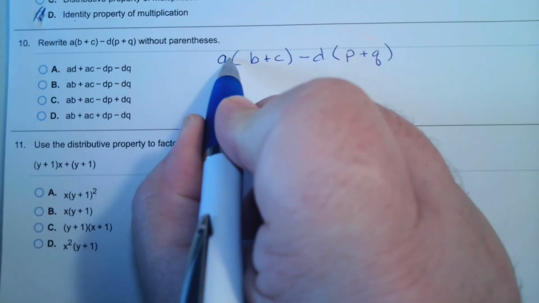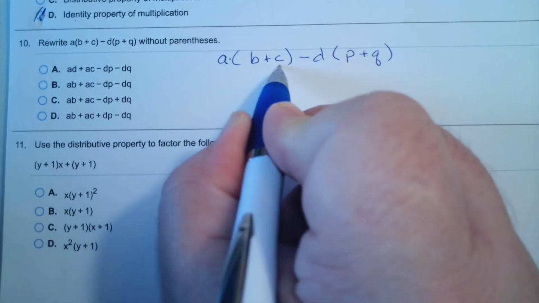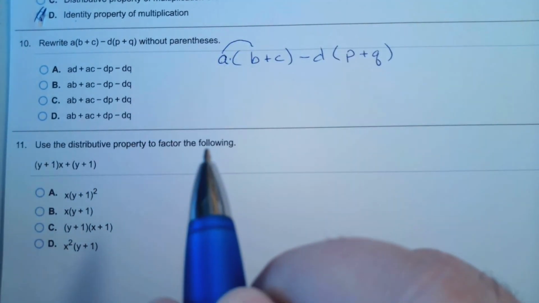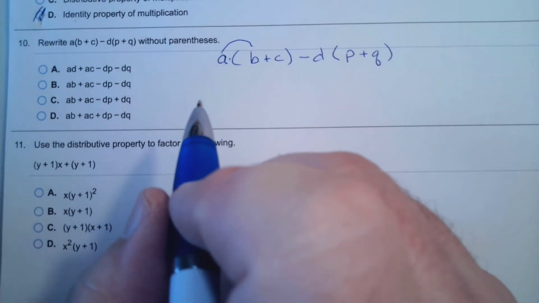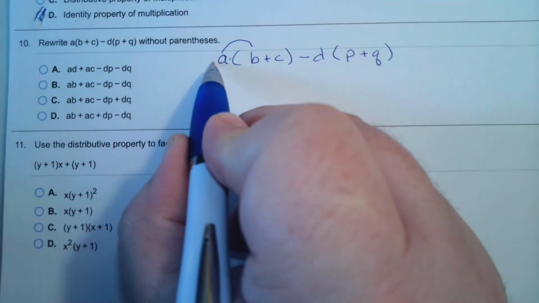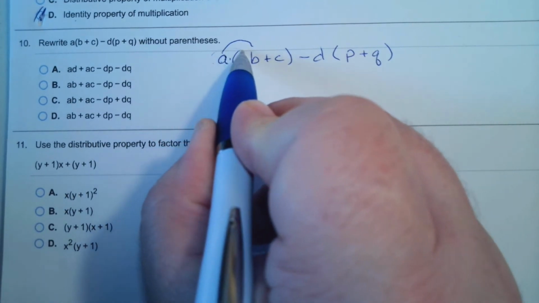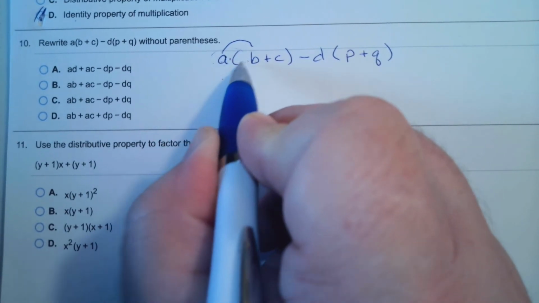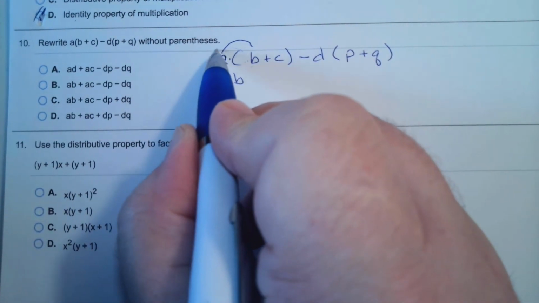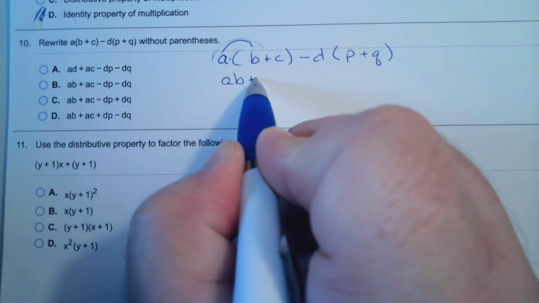Since this is A times (B plus C), whatever's in front, A times B. Always treat the signs and numbers differently. This is positive, so positive times positive is positive. A times B is AB. Positive times positive is positive.